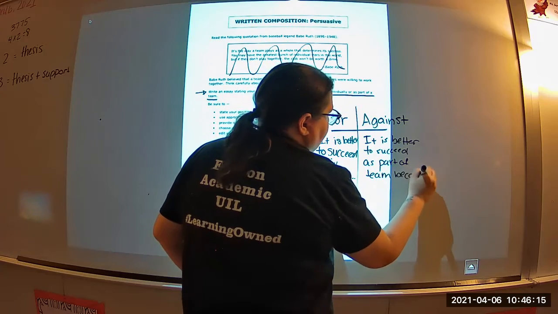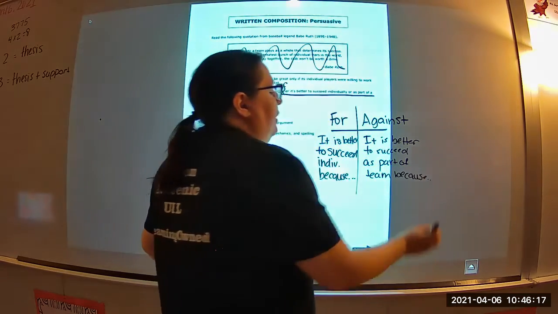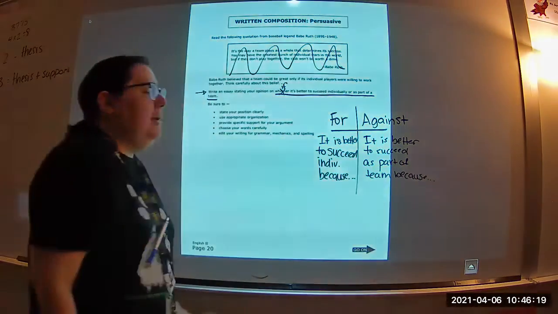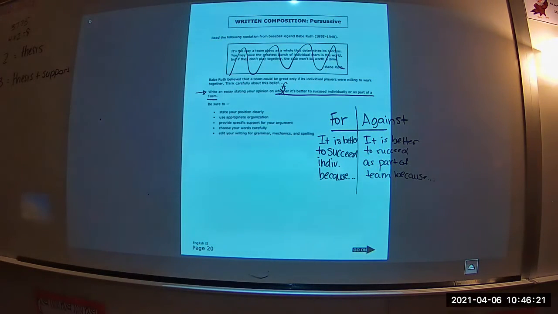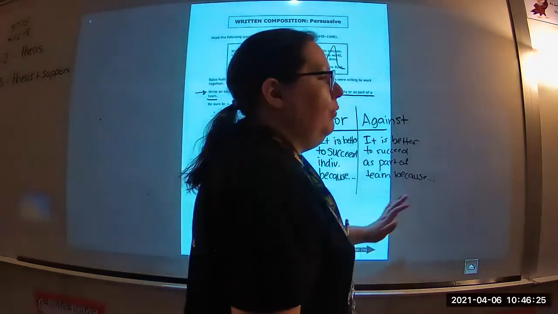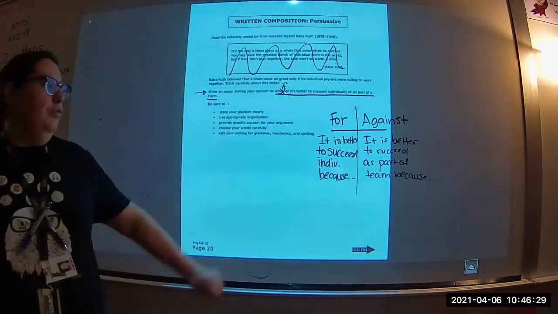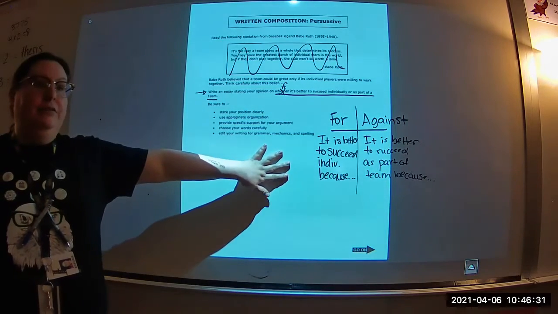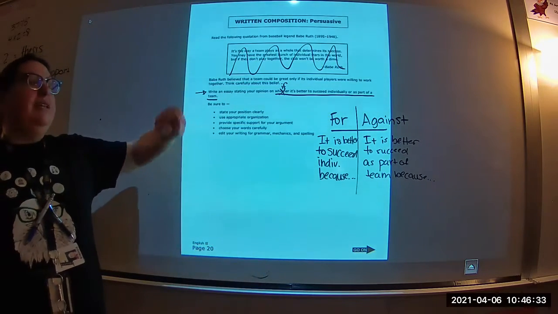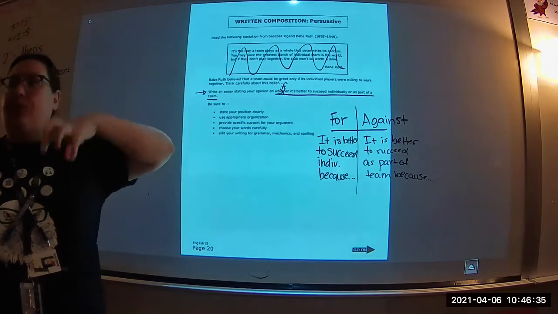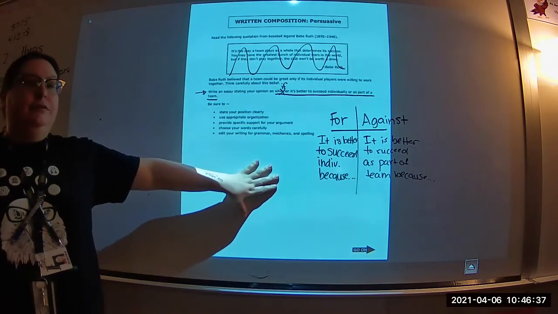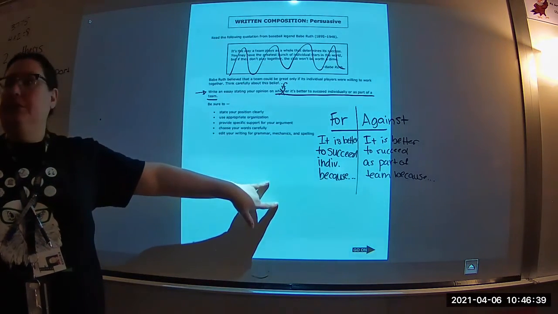Now, am I gonna pick the one that I like the best or the one I can write more about? Write more about. Okay, out of these 2, which do we think we can write more about? Well, which would give us more examples? The 4 to succeed individually. Because remember, I need to find an example outside of myself and an example within my own mind. So which one?